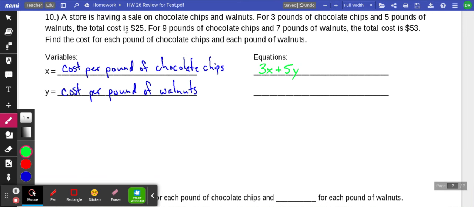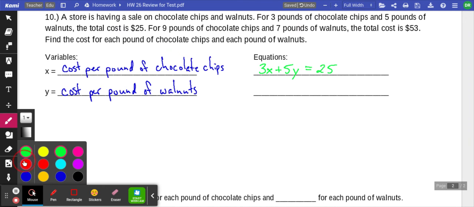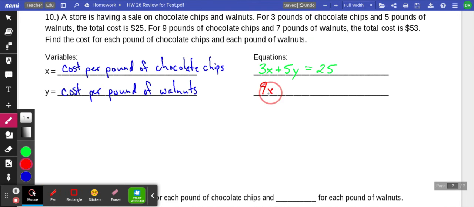The total cost equals $25. Then we do that again for 9 pounds of chocolate chips and 7 pounds of walnuts: 9x plus 7y. The total cost is 53, so equals 53.